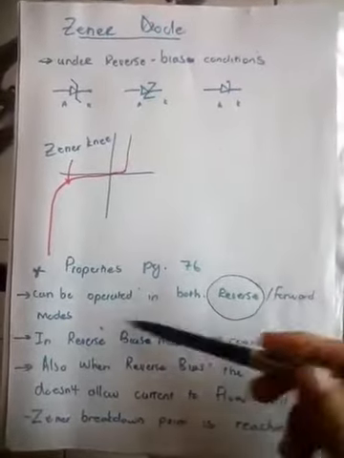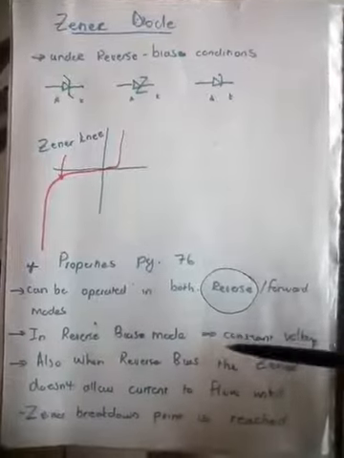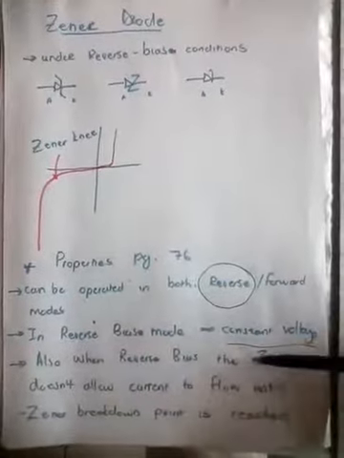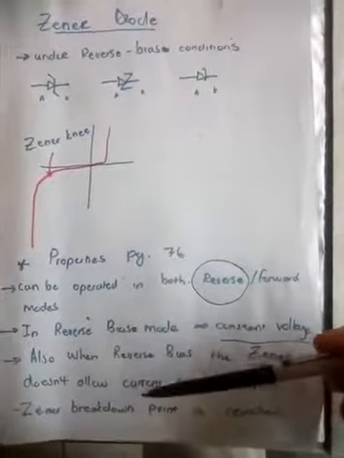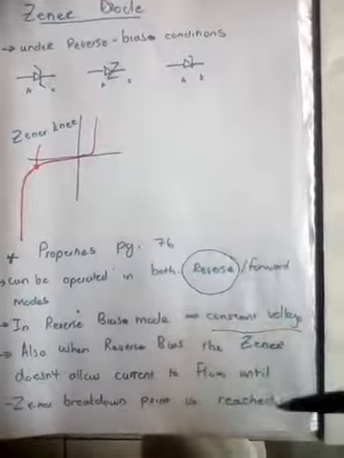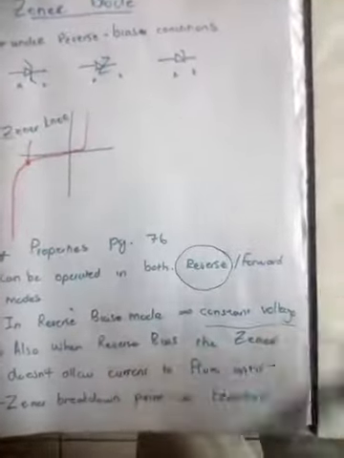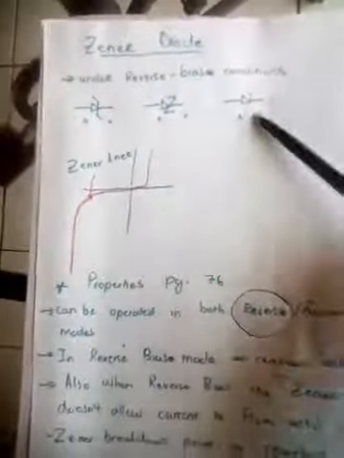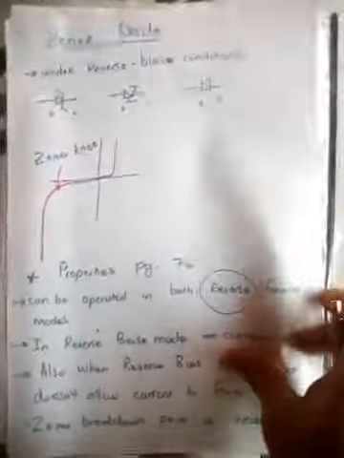Why? Because in the reverse bias mode you get a constant voltage. Also when it's reverse biased, the Zener doesn't allow current to flow until the Zener breakdown point is reached. Know the characteristic curve, know the symbol, know that a Zener diode operates under reverse bias conditions. That's basically it for a Zener diode.